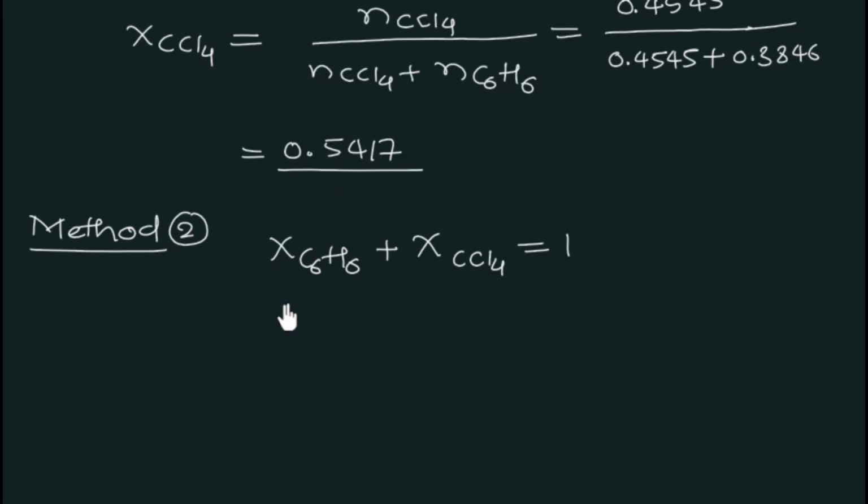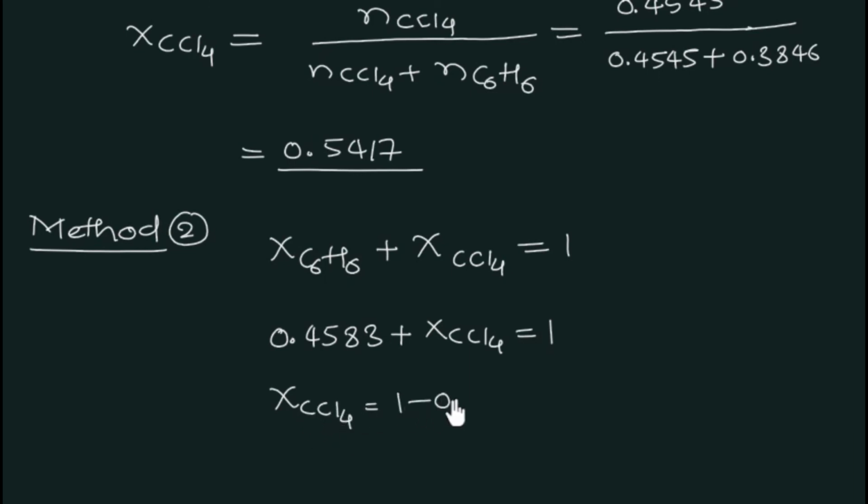Initially we don't know the mole fraction of CCl4, only that of benzene, 0.4583. So 0.4583 plus the unknown mole fraction of CCl4 equals 1. The mole fraction of CCl4 equals 1 minus 0.4583, and we get the same answer, 0.5417.